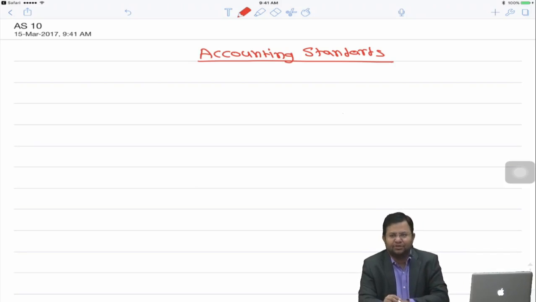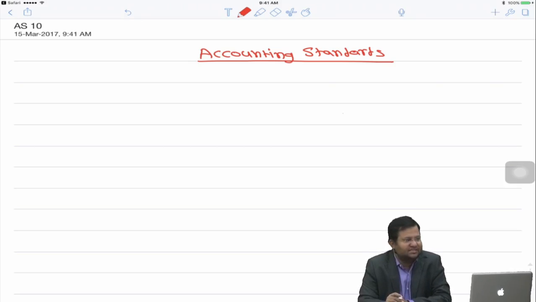Multiple policies are possible. In accounting for fixed assets, multiple policies are possible. In order to standardize the policies across business entities, ICAI was entrusted way back in 1977 to form accounting standards, or to issue accounting standards.